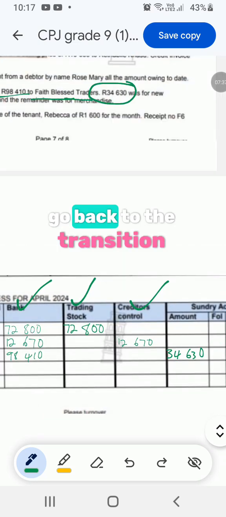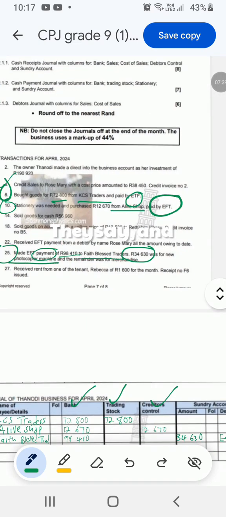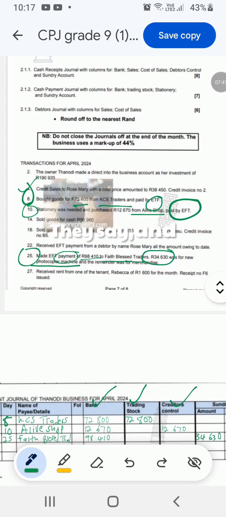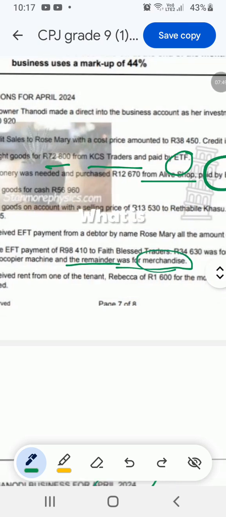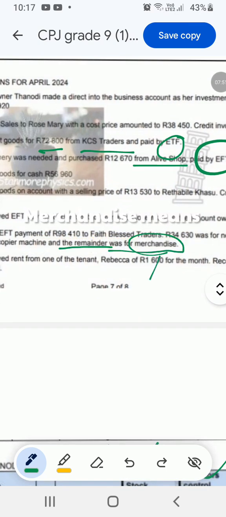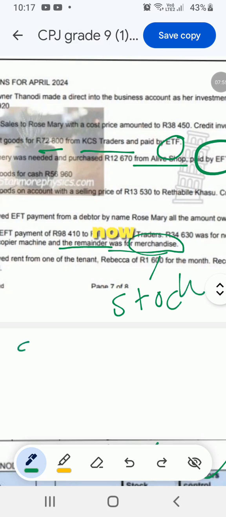And then let's go back to the transaction again. They say the remainder was for merchandise. What is merchandise? Merchandise means stock. So now we had 98,410.